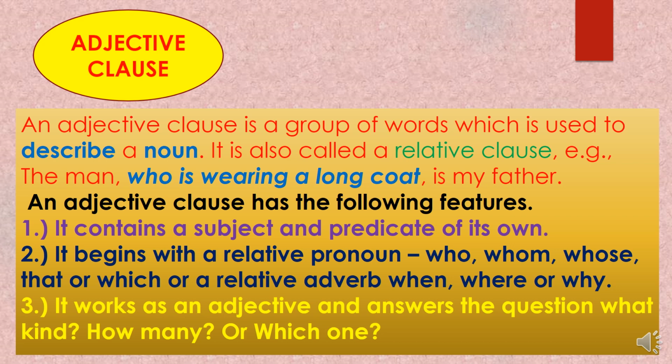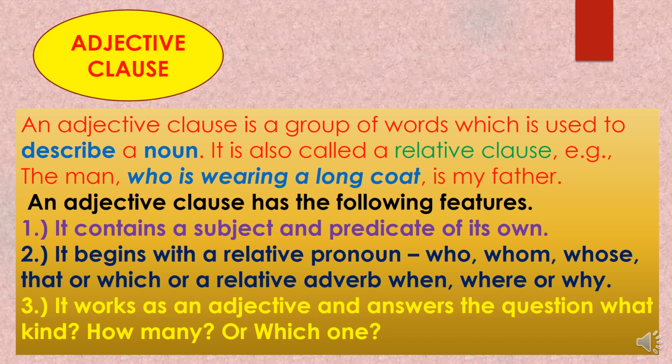Second, it begins with a relative pronoun, for example who, whom, whose, that, or which, or a relative adverb when, where, or why. So wherever we are using these words, it will always be an adjective clause.